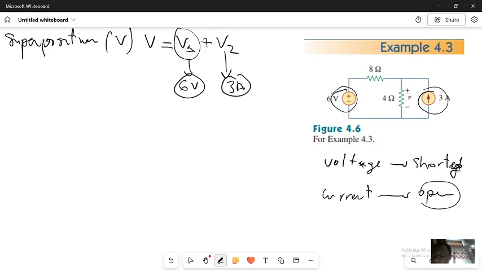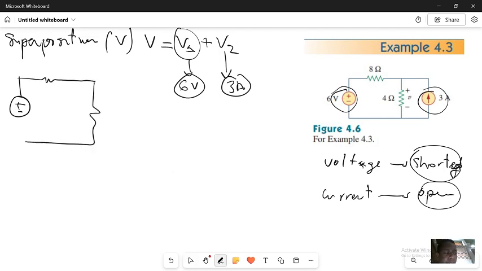We saw open circuit and short circuit in the previous video. Now I consider this one is the source that is on only, so my electric circuit is going to be this one.